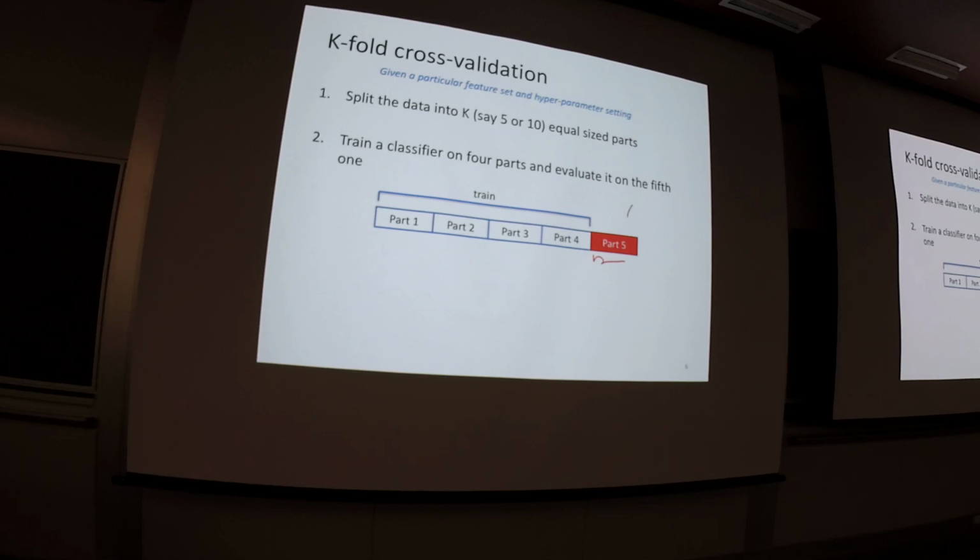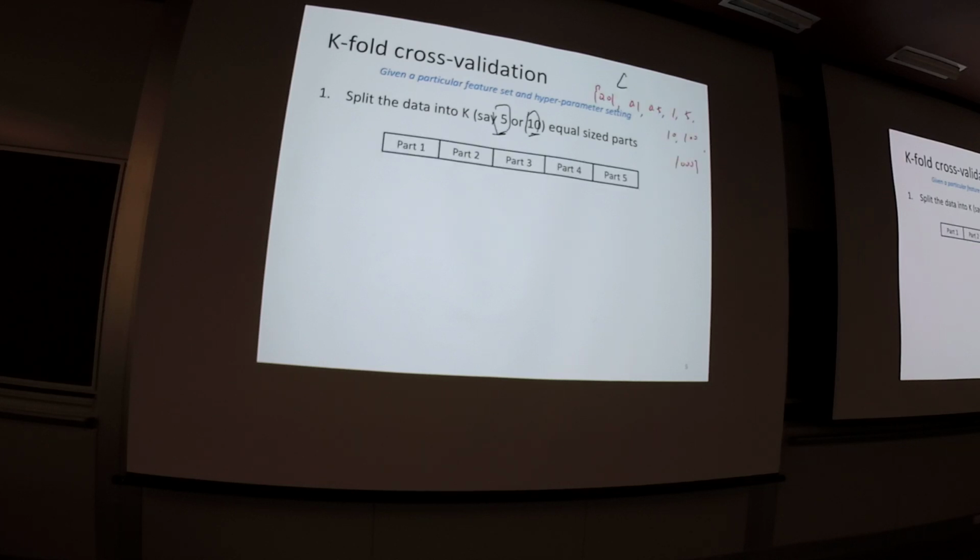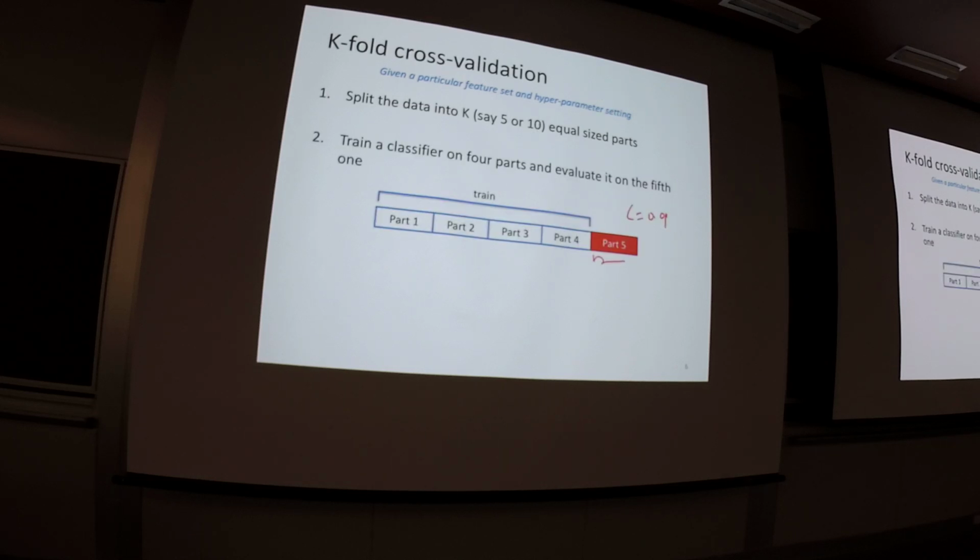We start with C equal to 0.01, the first value in our range. To evaluate this value, I choose, say, the fifth partition as the test set and use the first 4 partitions as the training set. I train the model with this C, do the test, and get an accuracy.